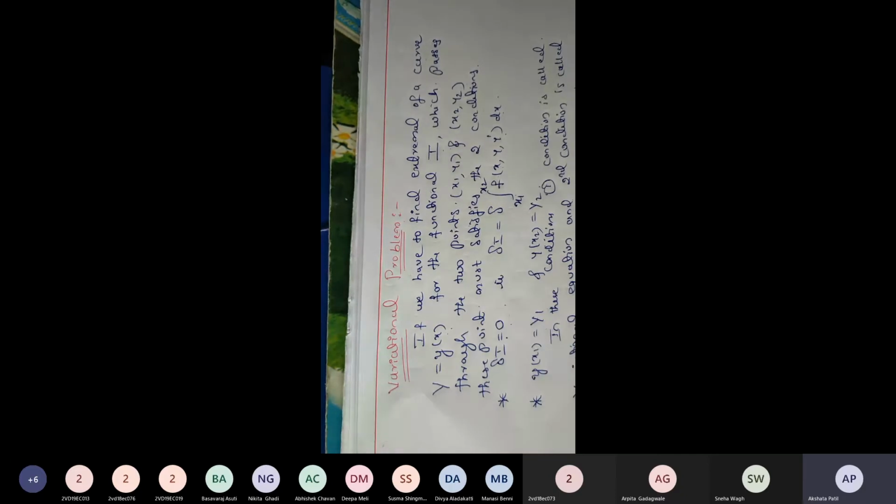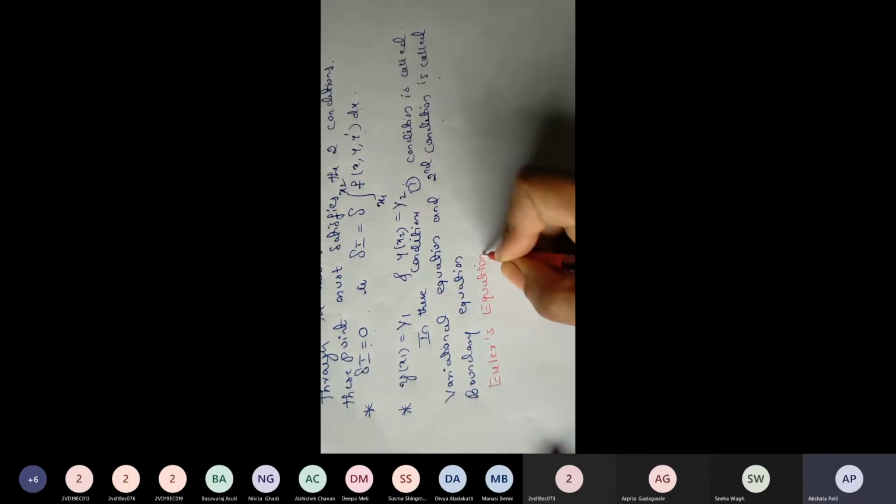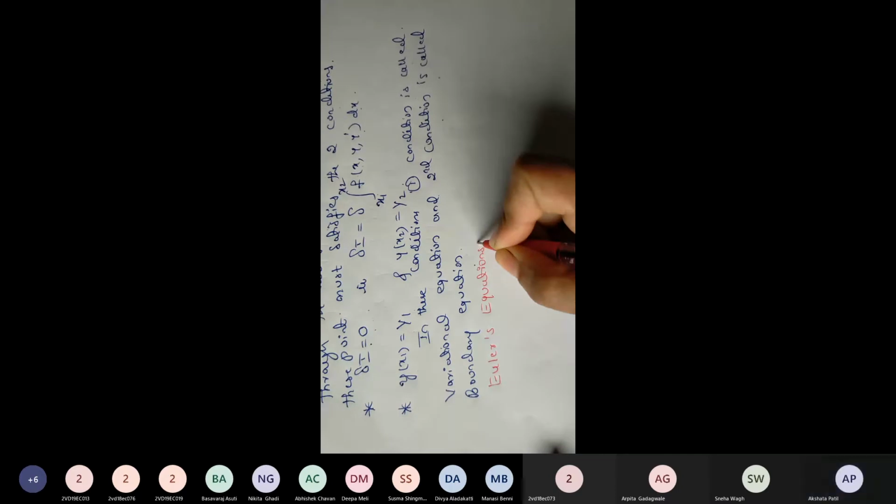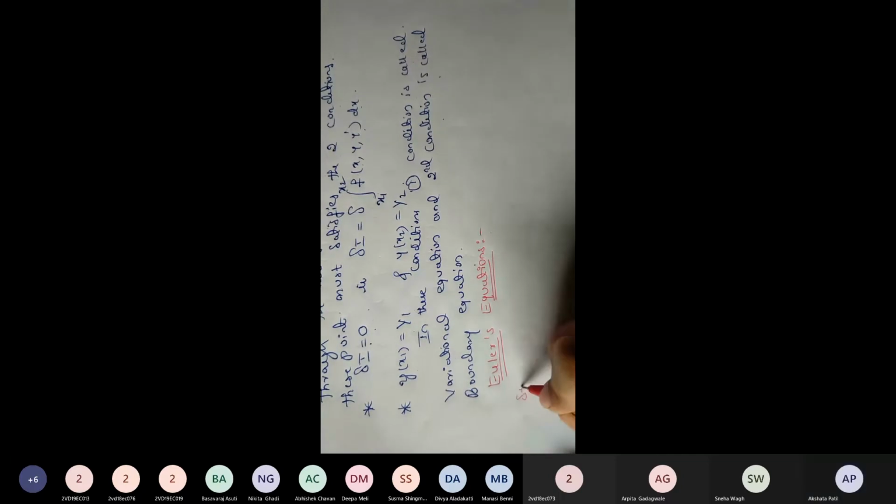Now let us move to a very important theorem, that is Euler's equation. Let us see the statement of Euler's equation.